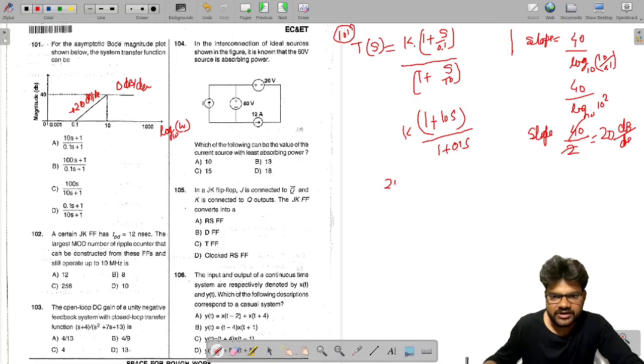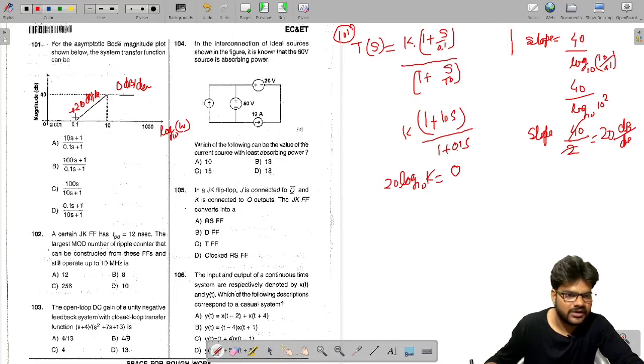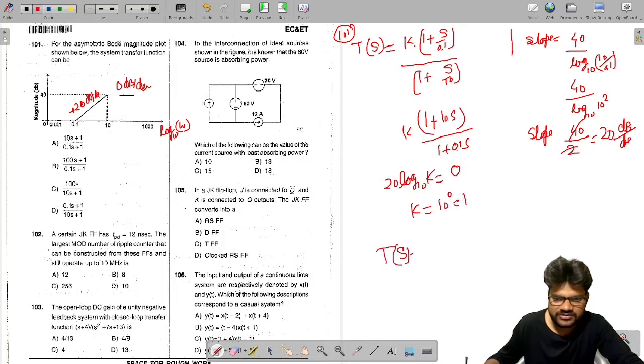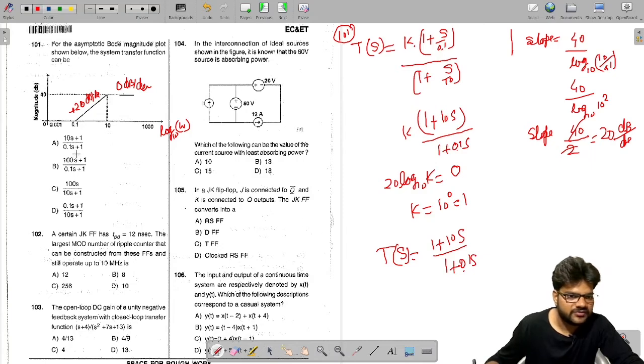So you can write 20 log 10, and k is going to be 0, right, because 0 dB is there. So k here you will get 10 to the power 0 equals to 1. So k is 1. Then finally transfer function you can write 1 plus 10s divided by 1 plus 0.1s. So 1 plus 10s, 1 plus 0.1s, so correct option will be A.